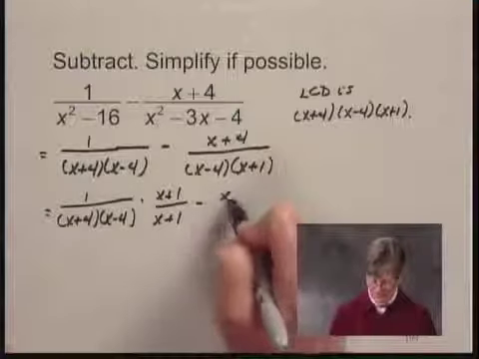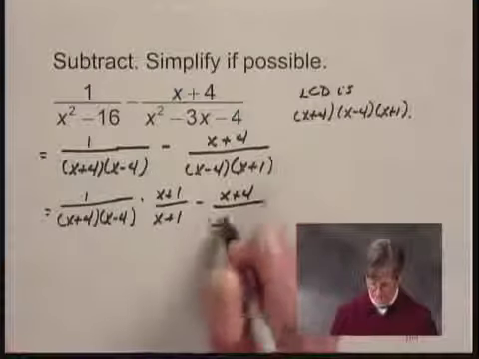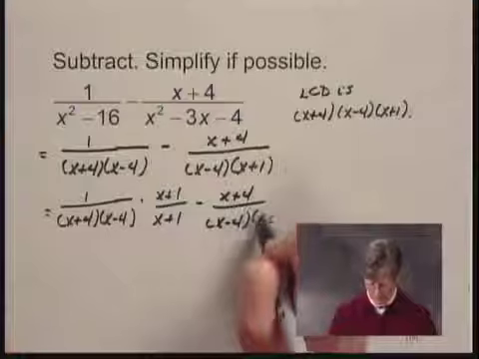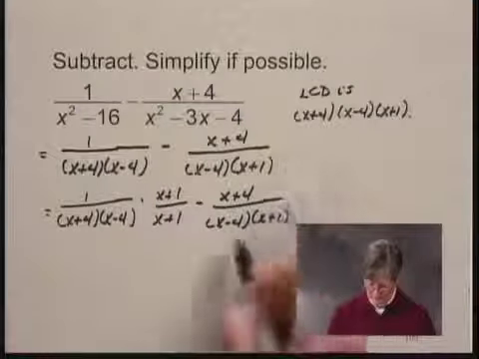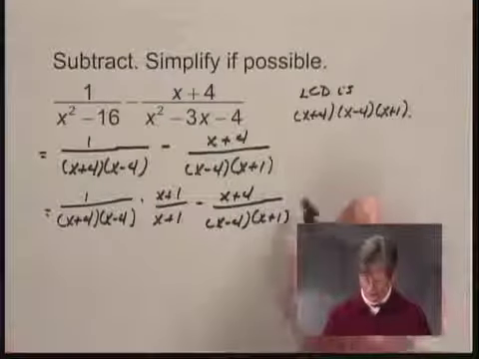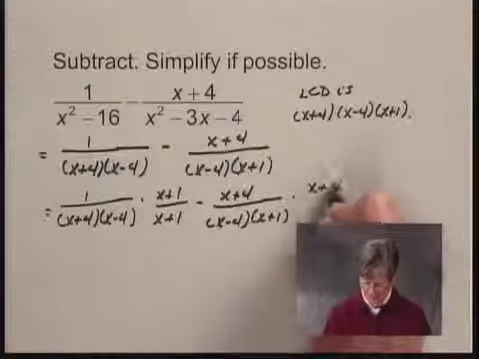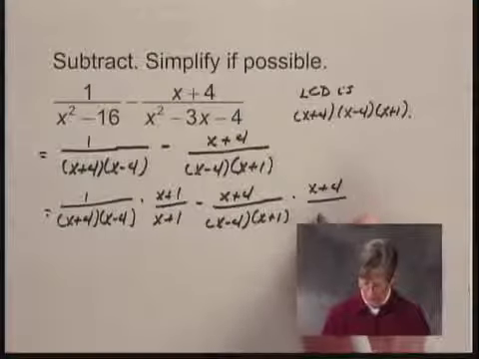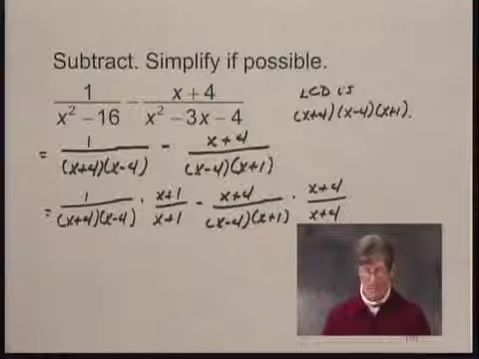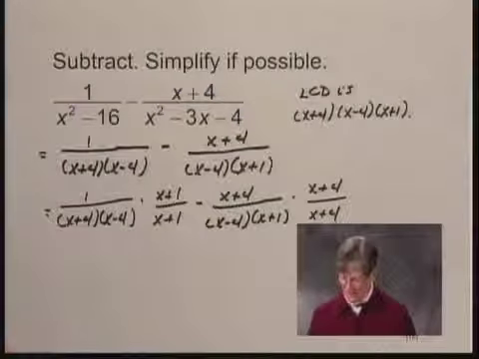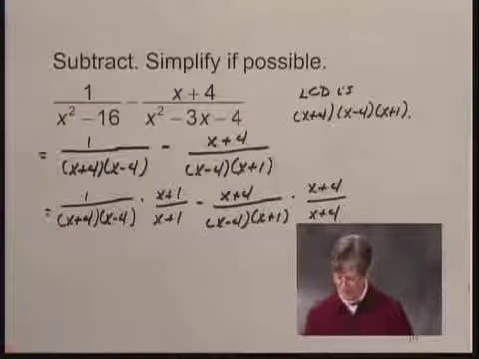And the second denominator lacks the factor of x plus 4, so we will multiply by x plus 4 over x plus 4. And now let's just go ahead and do those multiplications.